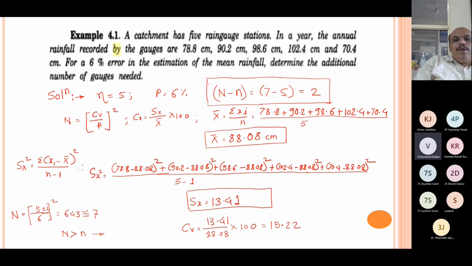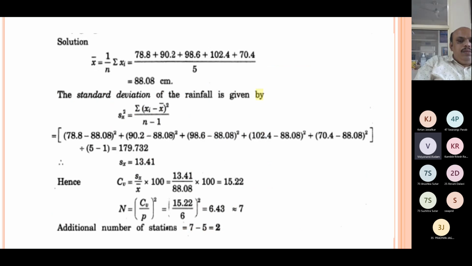From Sx you have to calculate N, and from capital N you have to calculate the additional number of rain gauges required. So you see the last year question papers, in that you will find this question in question number 1 for 4 to 6 marks.